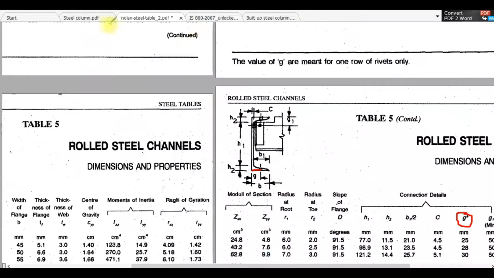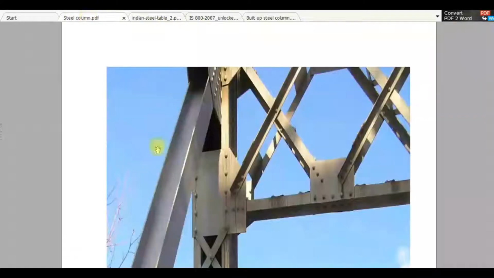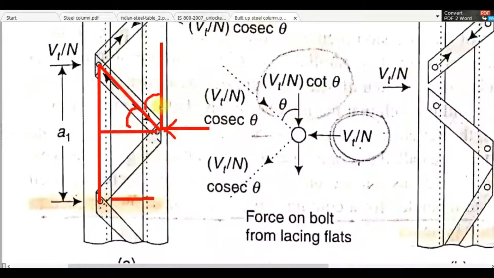Now let us go to the design steps. This part you can find from the steel table. This is the spacing between the two channels, that is S, which can be found by equating the moments of inertia, and on this side also there will be g. Now we need to find this a1. We can draw a bigger triangle like this, and divide the triangle by making a horizontal line here.